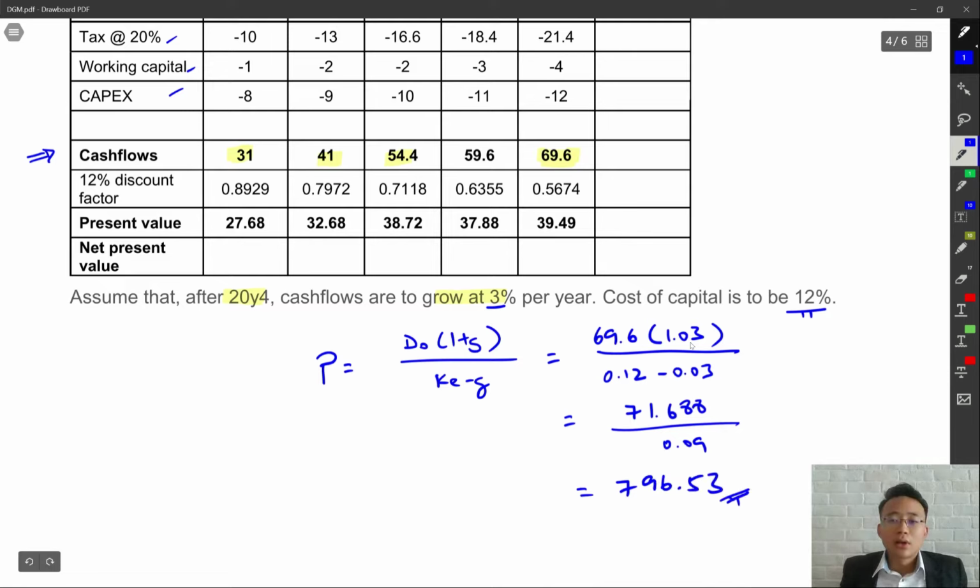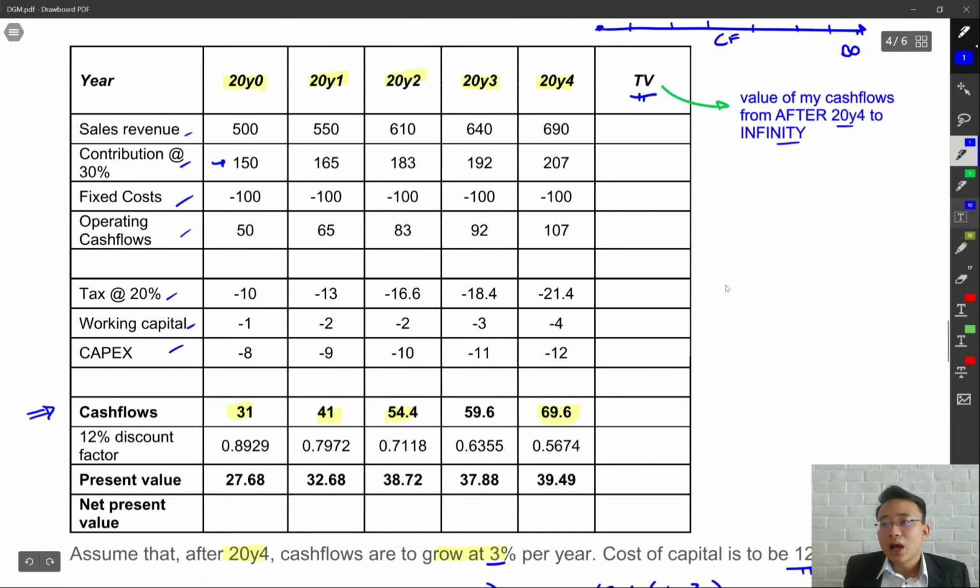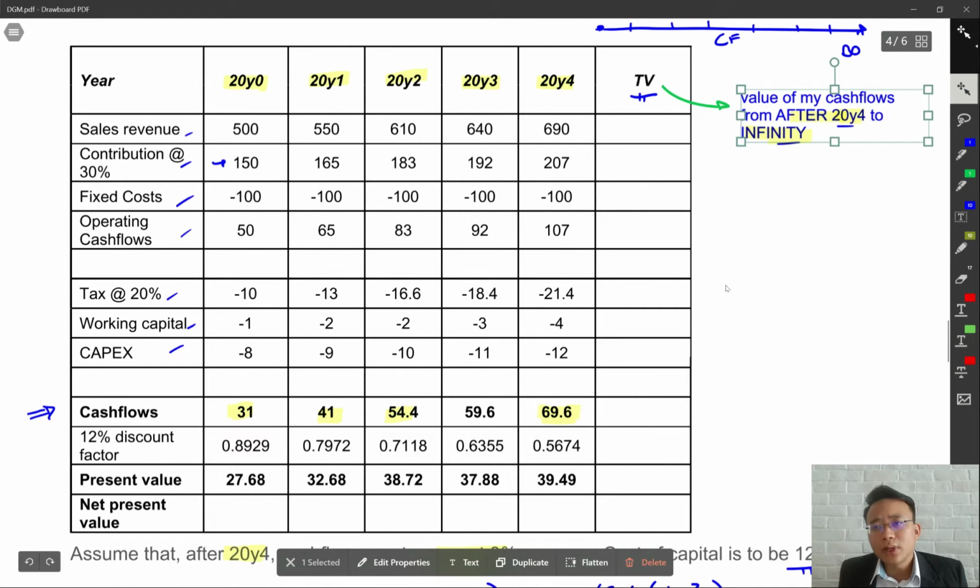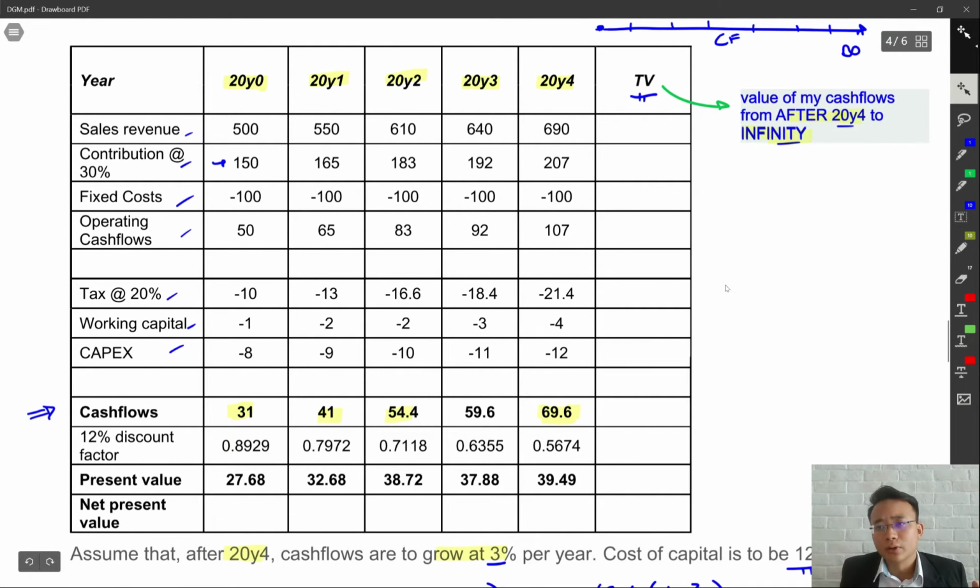Now, guys, this is the value of your cash flows from after 20Y4 to infinity. Now, constantly saying after 20Y4 to infinity is quite a mouthful. How about let's rewrite this? Okay, so excuse that box.